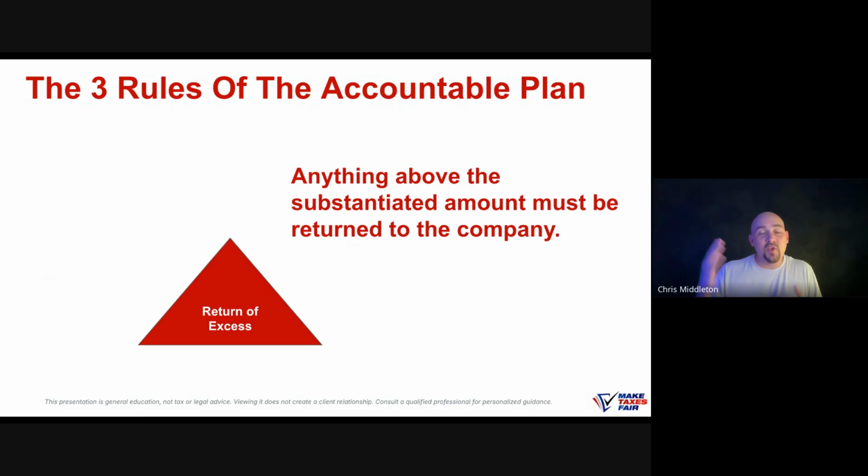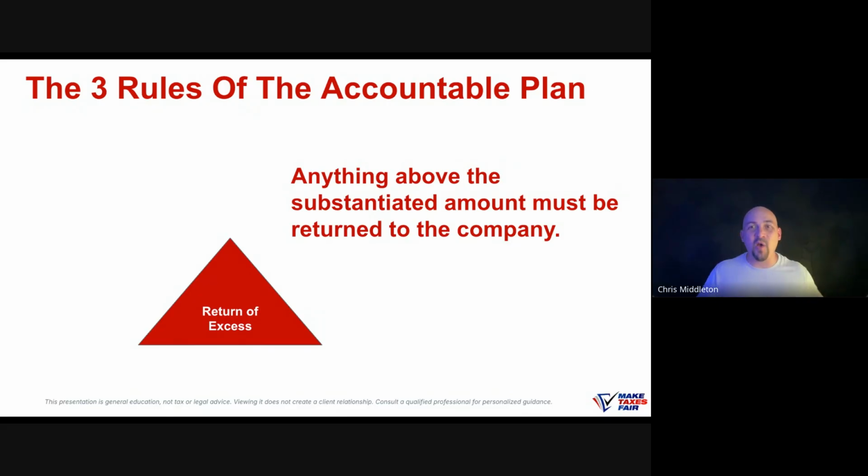So using the cell phone example, let's say my bill is $100. It's never exactly $100 even in real life, but let's just say $100 for the example. And my line is $59, and everybody else's line makes up the balance. If I ask for reimbursement of the $100, the company should say, hey, wait a second, your spouse and your kid's cell phone bills, they're not employees of the company.